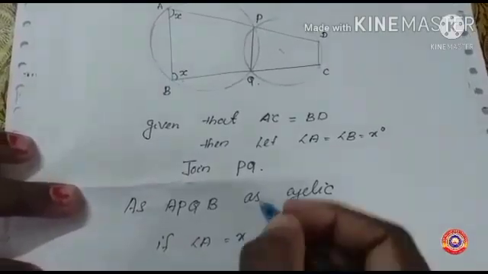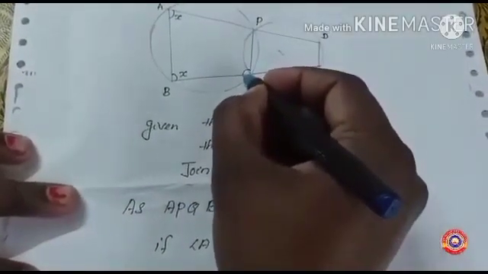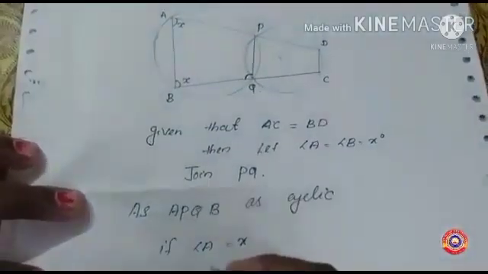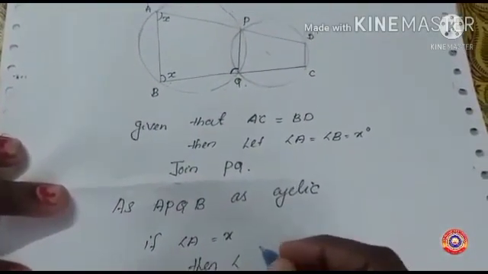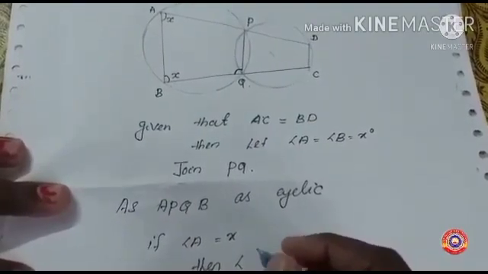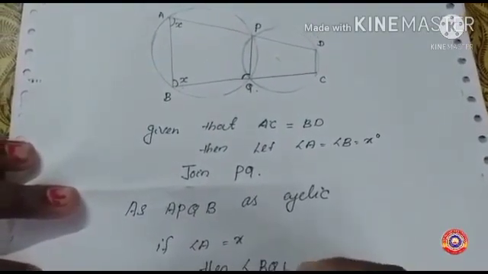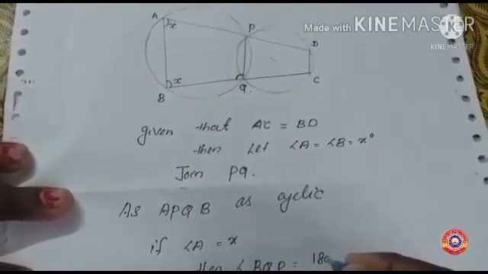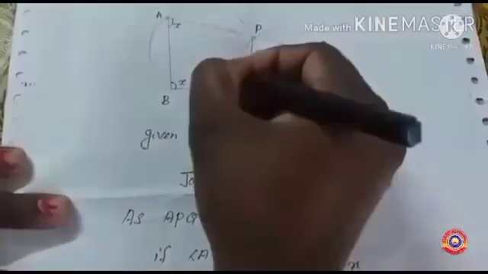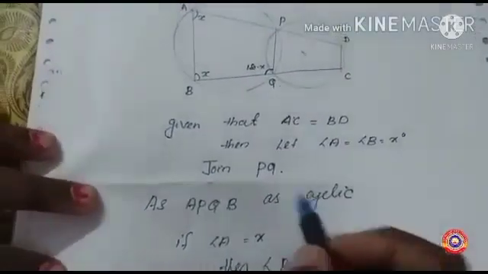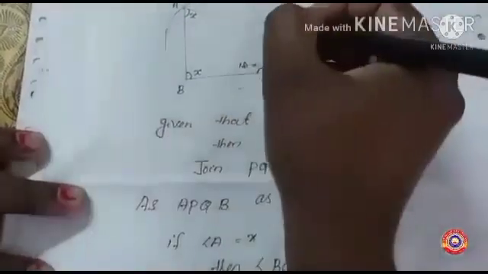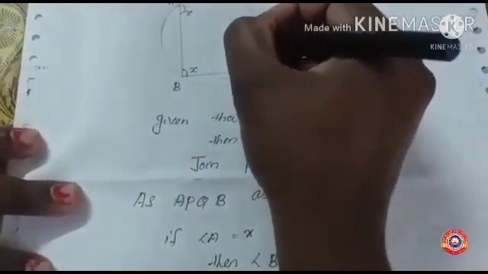As APQB is cyclic, if angle A equals x degrees, then angle PQB equals 180 minus x degrees, because opposite angles are supplementary.